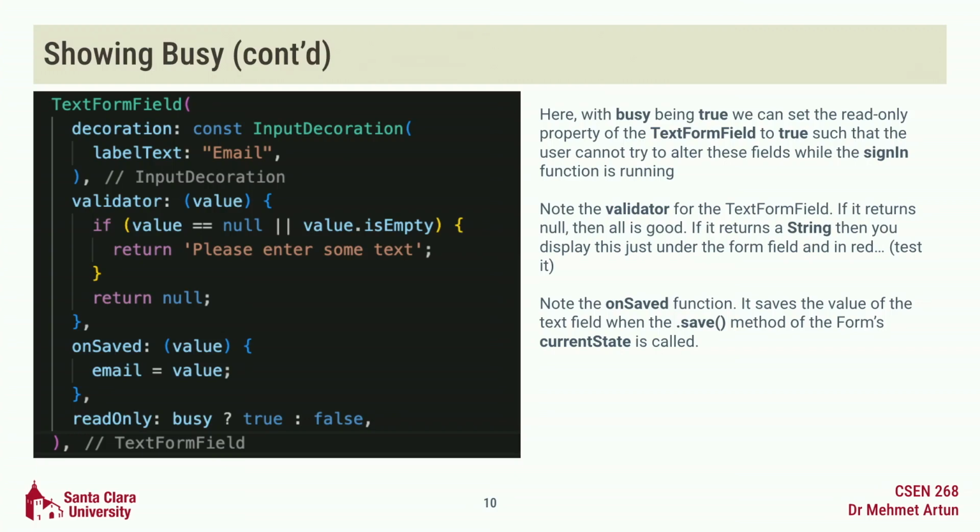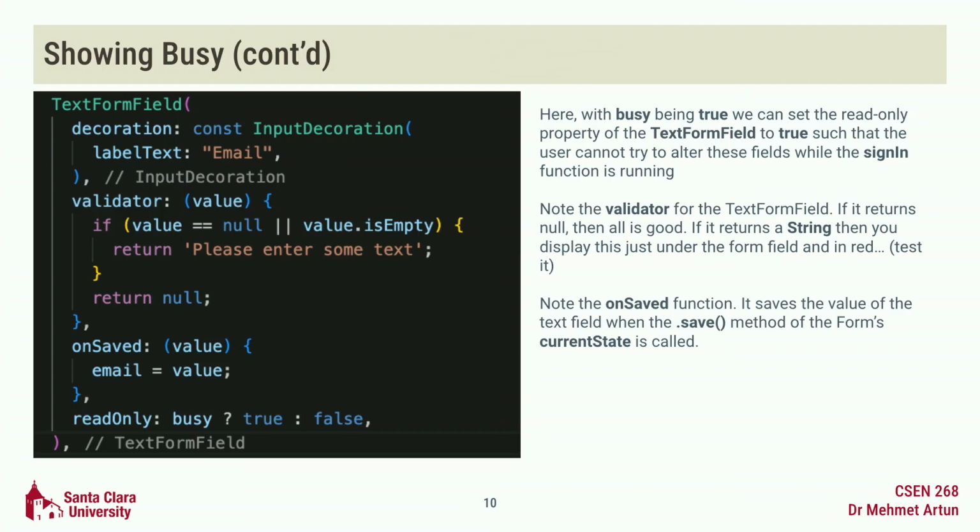What does the validator do? It takes the contents of this text field, which is the value. It's a function you define to check the contents of the text field to see if they conform to your validity rule. So if the value is null or empty, then you return some text.